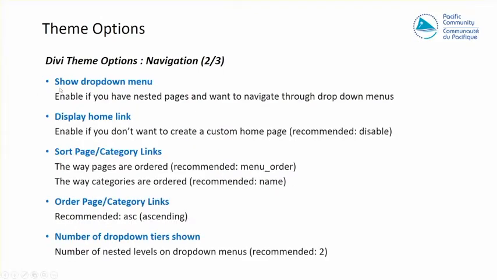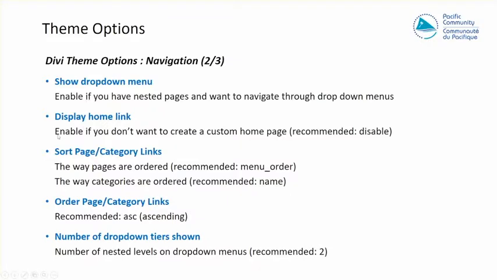And then within navigation, you have show drop-down, display home link, sort page category links, order pages and category links, and then a number of drop-down tiers shown. Okay. Show drop-down menus basically enables you to, when you hover over something or click on a navigation menu, show the drop-down list. Enable if you don't want to create a custom home page. Okay. It's disabled by default.